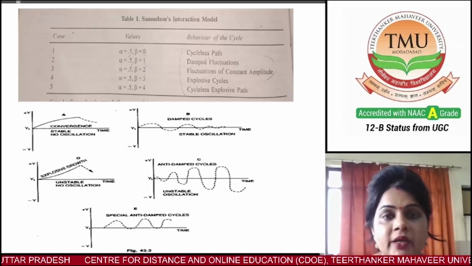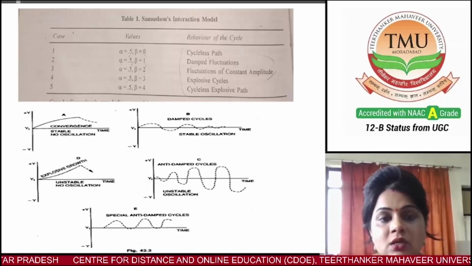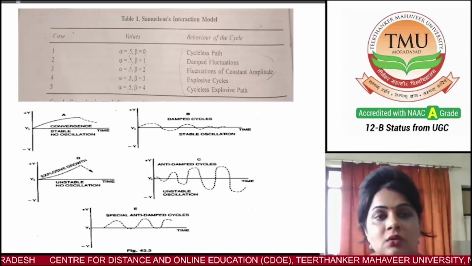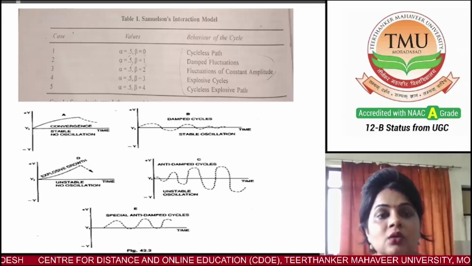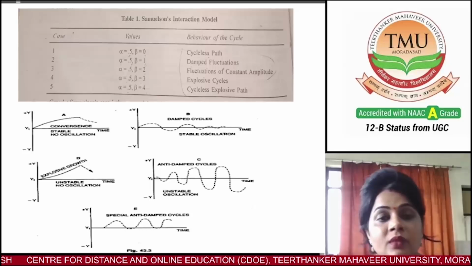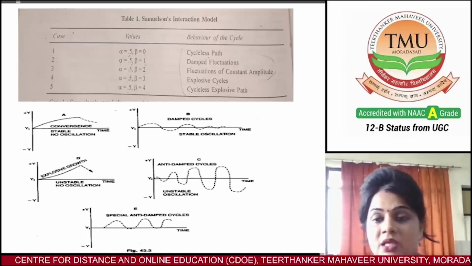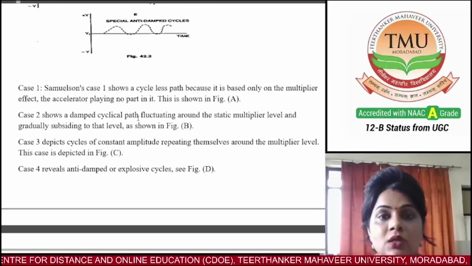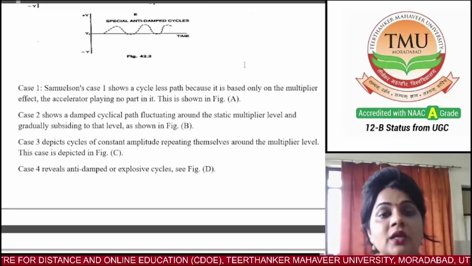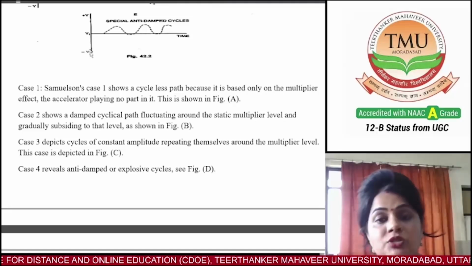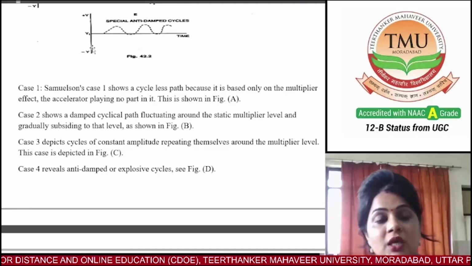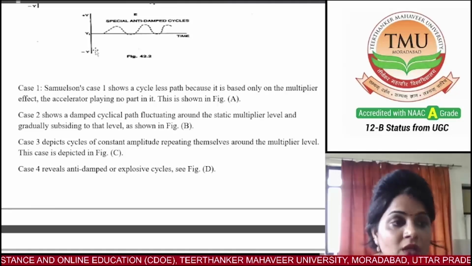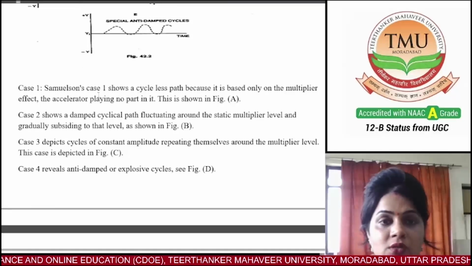And in the last case, this gives us ever increasing income, a special anti-damped cycle. Income gradually increases and approaches a compound rate of interest. In other words, income increases at an increasing rate, as shown with the help of the figure.